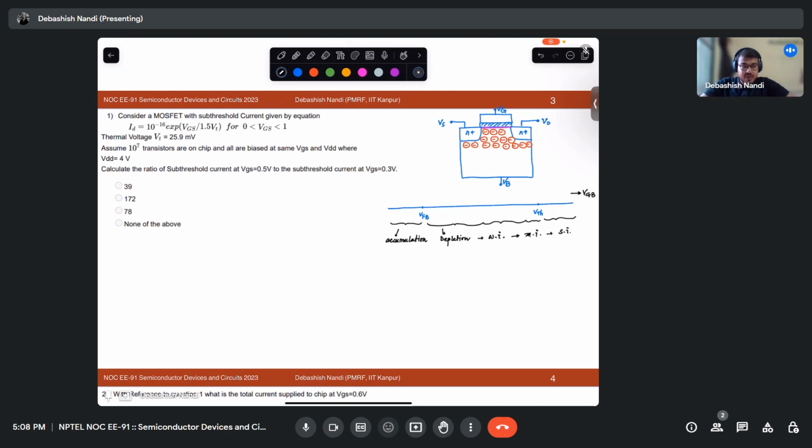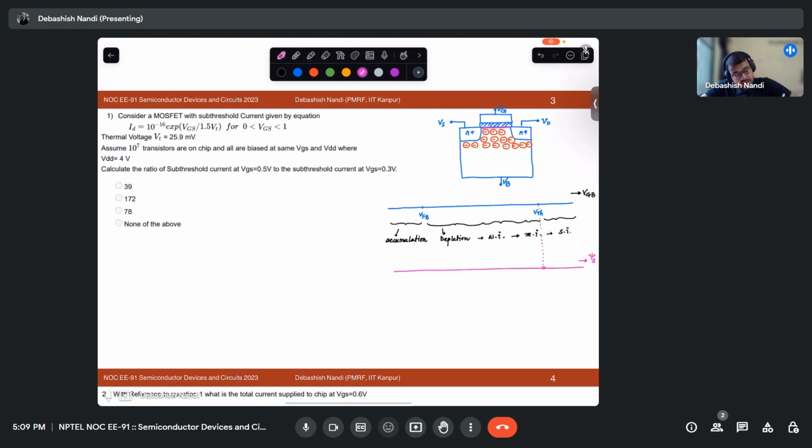The device operates this way when you sweep your VG. So what is the condition on your surface potential? If I draw the same thing, instead of VG, let me say this is my surface potential.